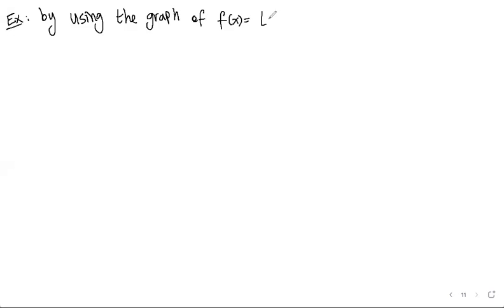So now the example. By using the graph of f of x equals logarithm of x at the base a, sketch each of the following. The first one is g of x equals minus logarithm.